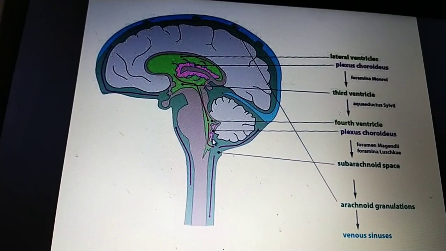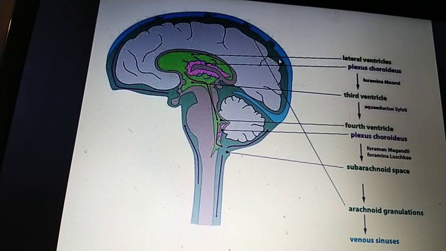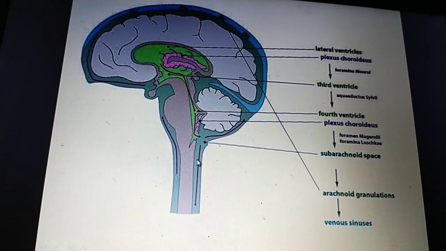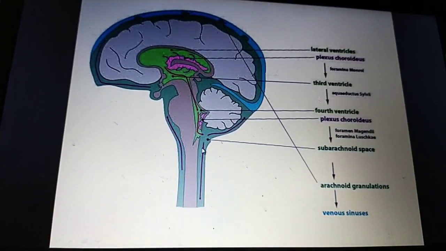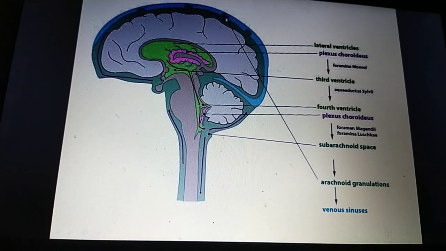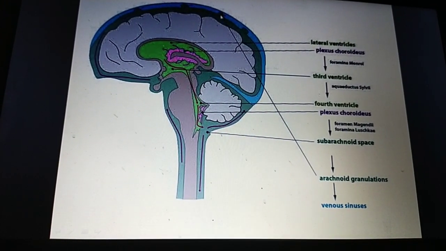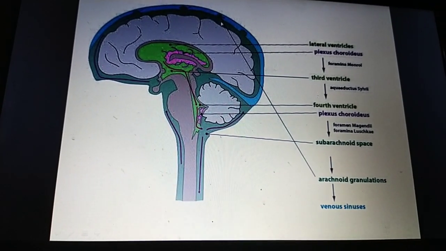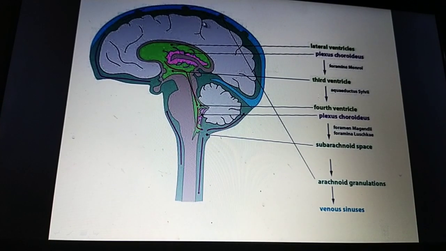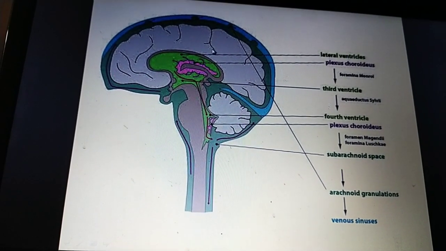Luschka lead to the subarachnoid space. This is the subarachnoid space, and from the subarachnoid space it goes to the arachnoid granulations. These are the arachnoid granulations. Here it is reabsorbed, and from here into the venous sinus; the CSF is reabsorbed from here.